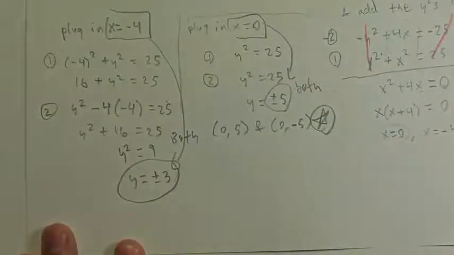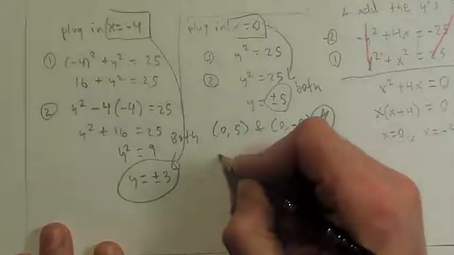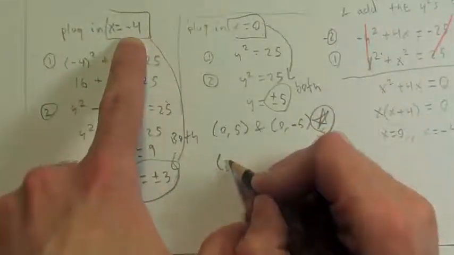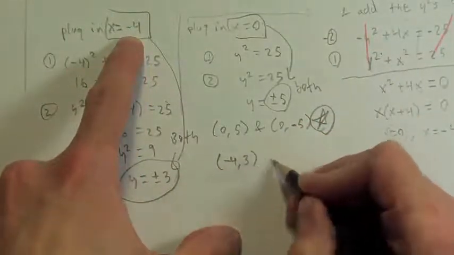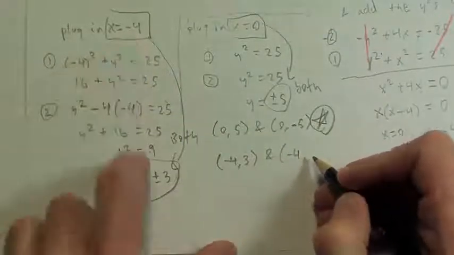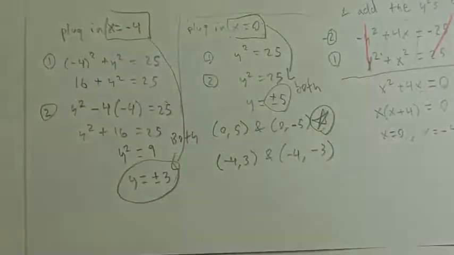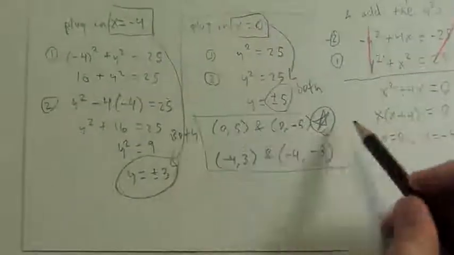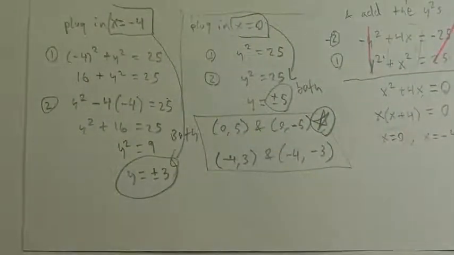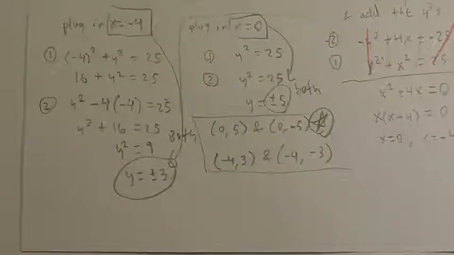So we get both points: when x is negative 4, we get positive 3, and when x is negative 4, we also get negative 3. So we have a whole solution set here: 0, 5; 0, negative 5; negative 4, 3; negative 4, negative 3. Every possibility. All right, and again, what's happening here?